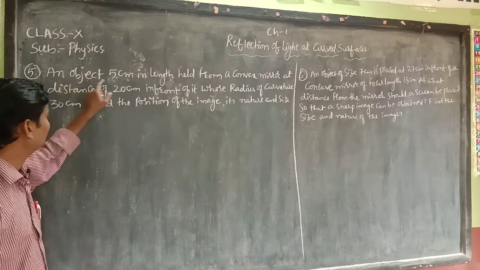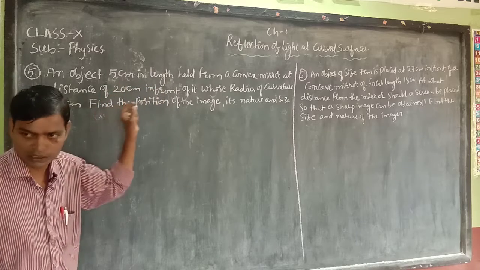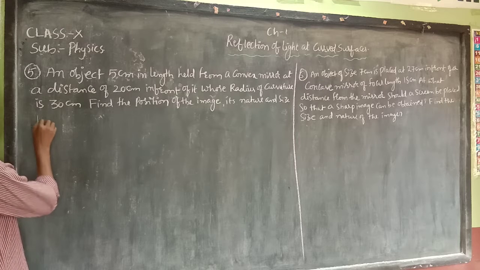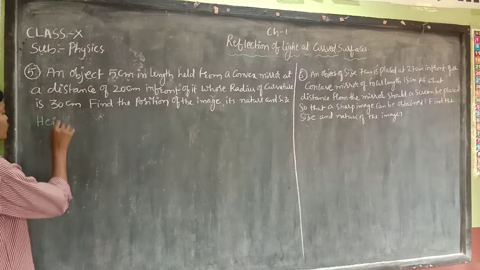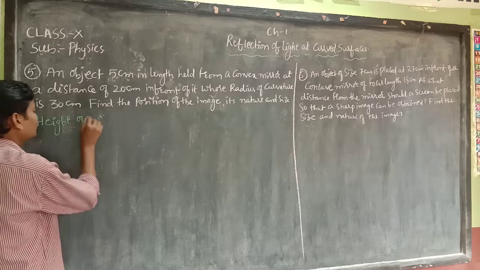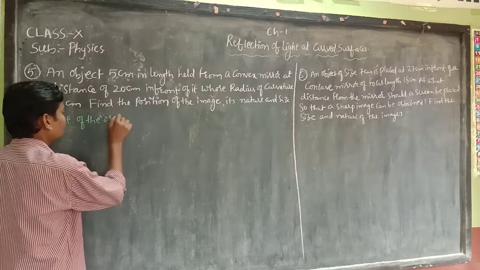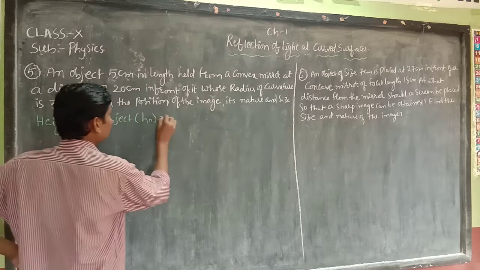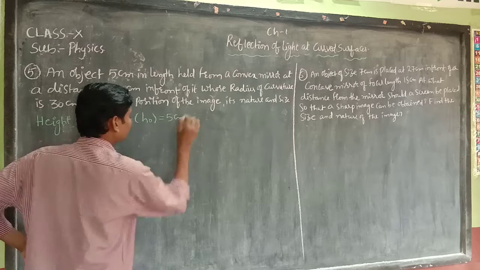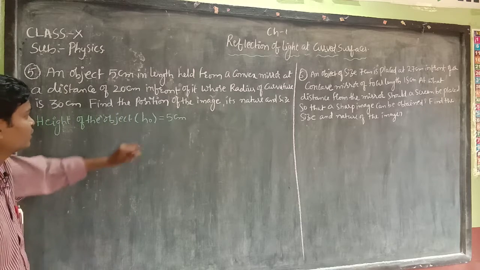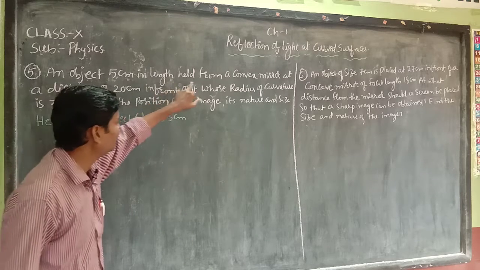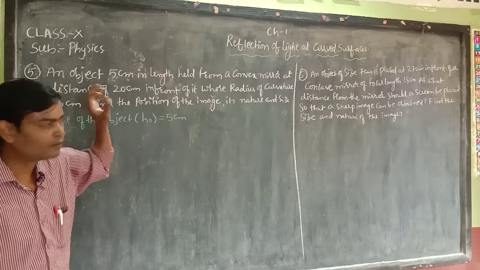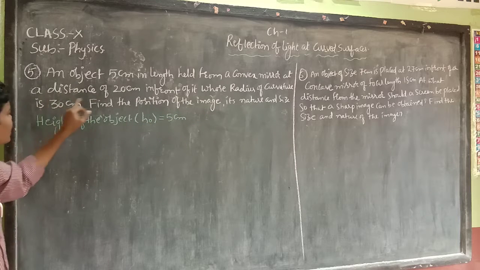An object 5 centimeters in length. What is being given? Height of the object, which we will represent by HO, is equal to 5 centimeters. It is held in front of a convex mirror at a distance of 20 centimeters.